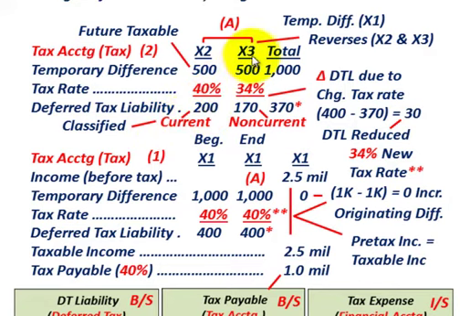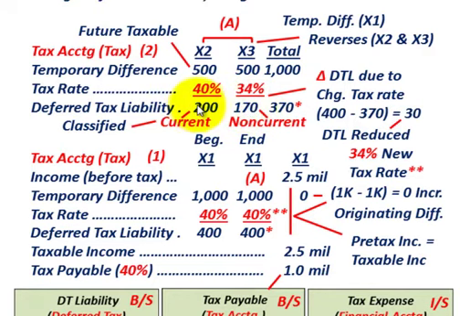Now, moving to year X3, this is where the tax rate has changed from 40% to 34%. That's going to change our deferred tax liability. We have a temporary difference of $500,000 times the new tax rate of 34%, which gives us a deferred tax liability of $170,000.